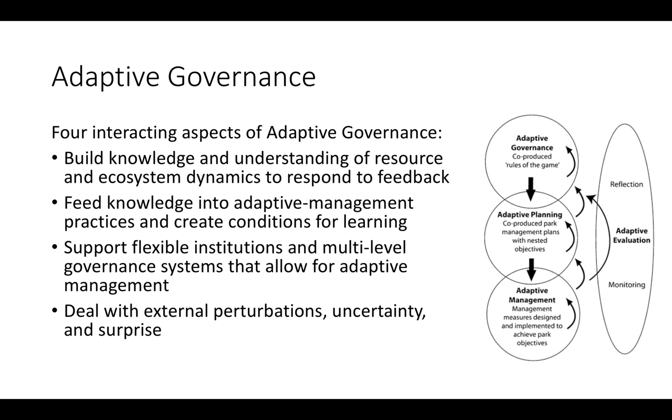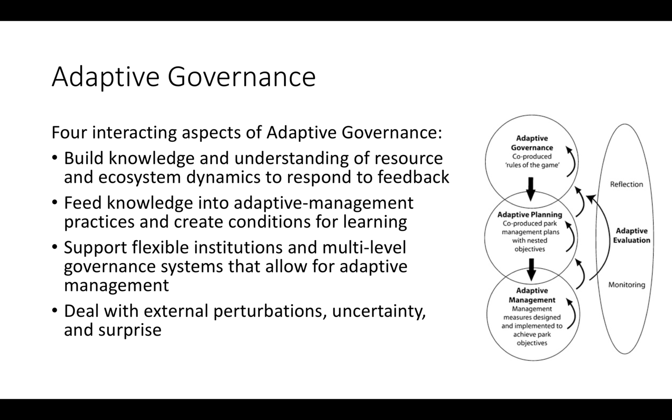Adaptive governance. The four interacting aspects of adaptive governance include to build knowledge and understanding of resource and ecosystem dynamics to respond to feedback, feed that knowledge into adaptive management practices, and create the conditions for learning, supporting flexible institutions and multi-level governance systems to allow for adaptive management, and deal with external disturbance, uncertainty, and surprise.